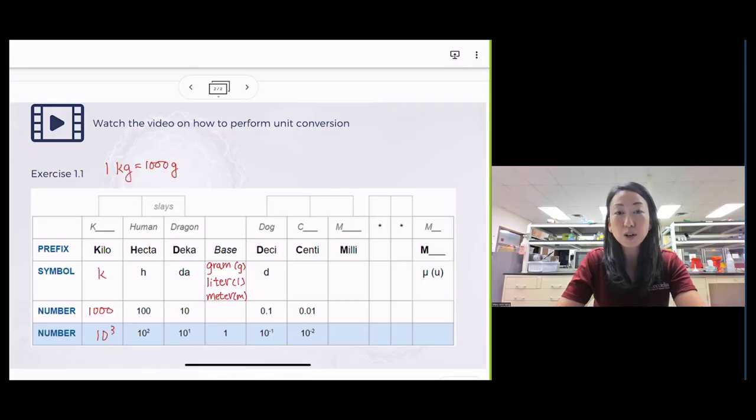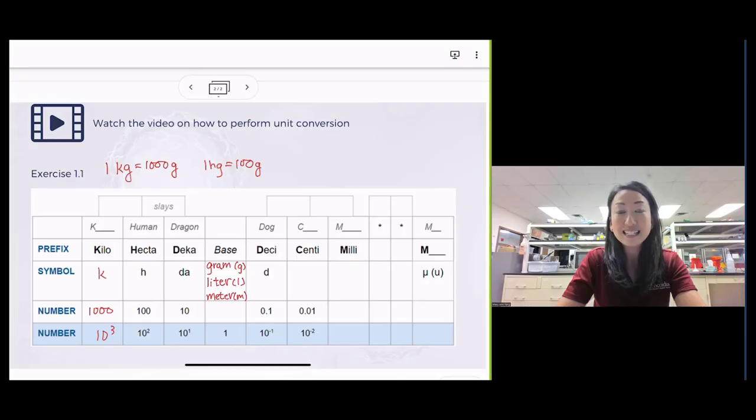Then each time you move one prefix to the right, you go down in order. So the prefix hecto will mean 100, and therefore 1 hectogram will equal 100 gram, or 1 hg will equal 100 gram. Next one, deca, will be another order down, which is 10.